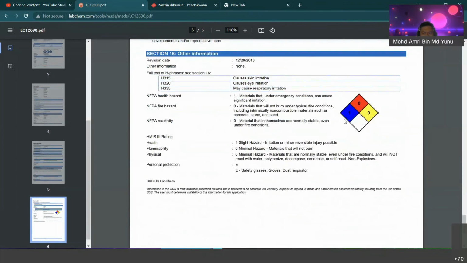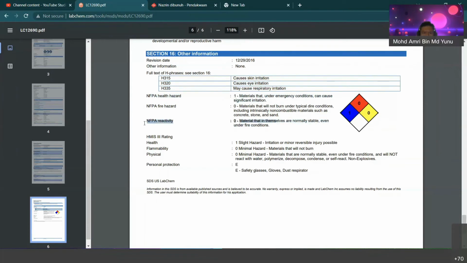And this is like the chemical diamond. Okay, there's a number. Sometimes you see this. Here in the blue diamond, the material under emergency condition can cause significant irritation in terms of health hazard. Fire: not flammable.